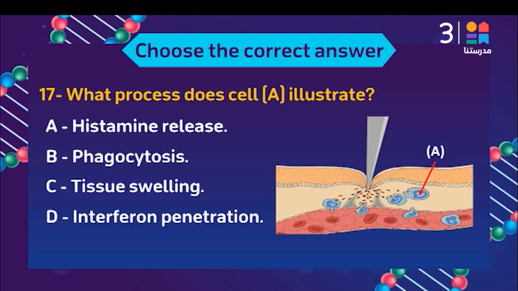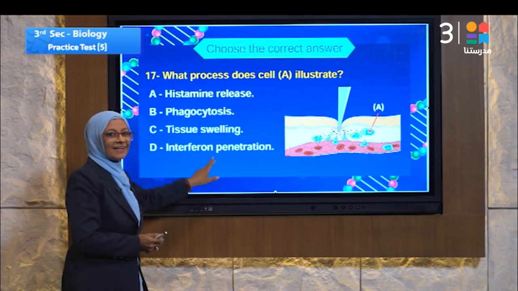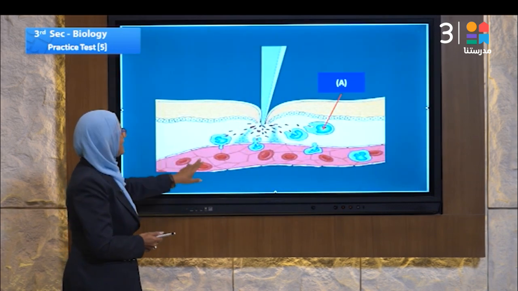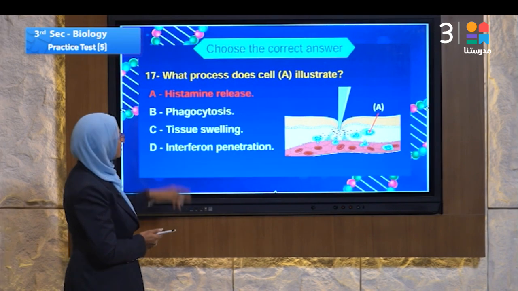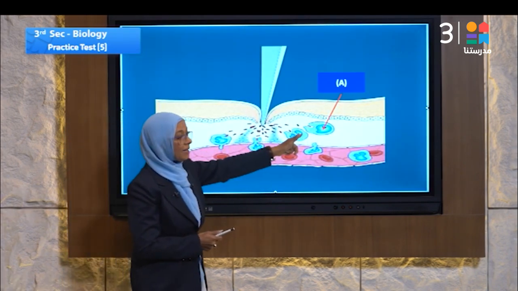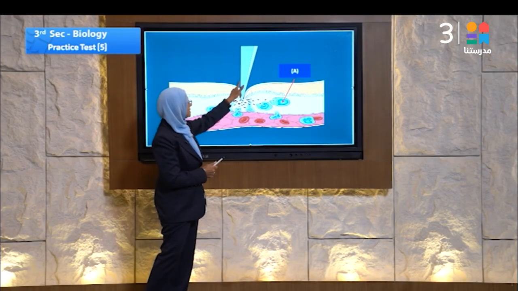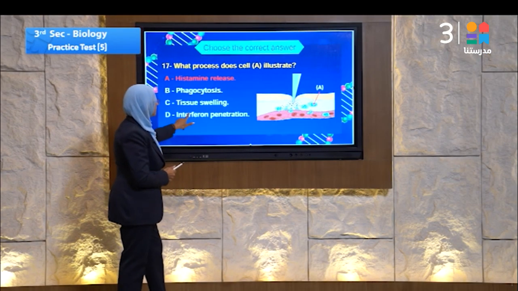Histamine released, phagocytosis, tissue swelling, interferon penetration. It must be histamine released. Yes, it released histamine. Here, it is the mast cell that released histamine because there is infection.